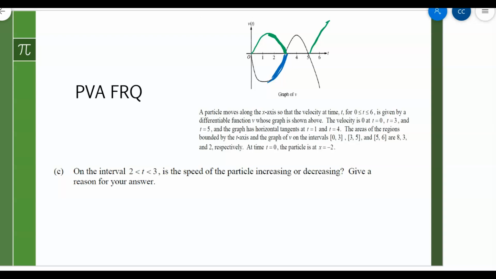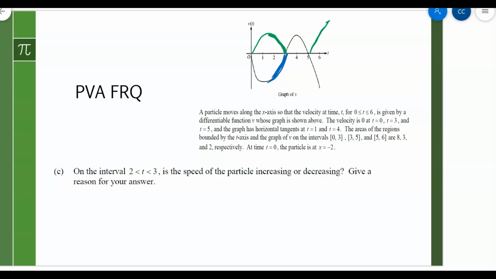But it's not, because we're talking about the absolute value of speed, which is up there in green. Since the absolute value of speed is actually decreasing from 2 to 3, on the interval from 2 to 3, the velocity is negative and the velocity is increasing.